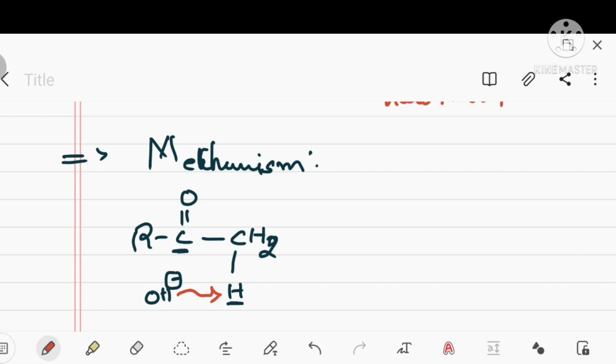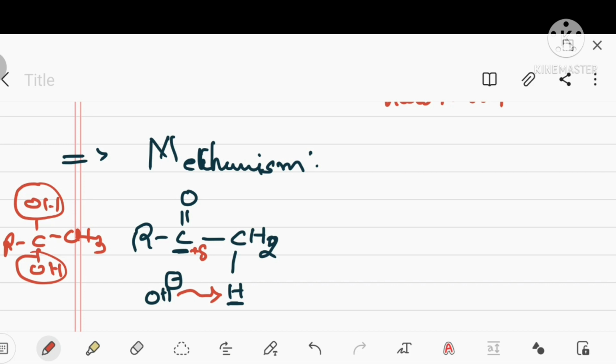The carbon is also possessing delta plus, but if this OH attaches with the carbonyl carbon, the compound forms like this, OH on both sides and this CH3. You know that a geminal hydroxide group at one carbon is a highly unstable species.